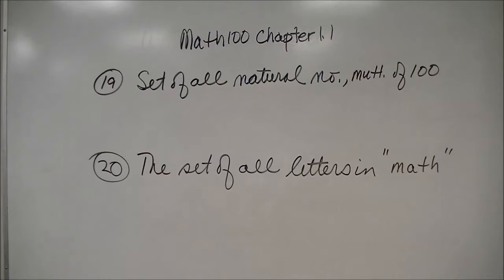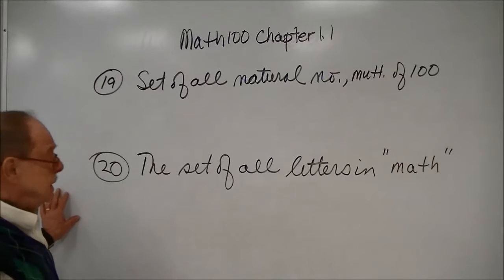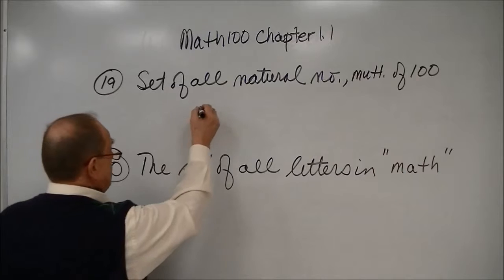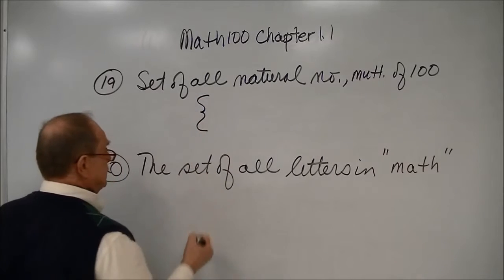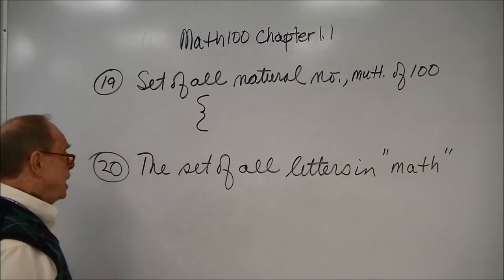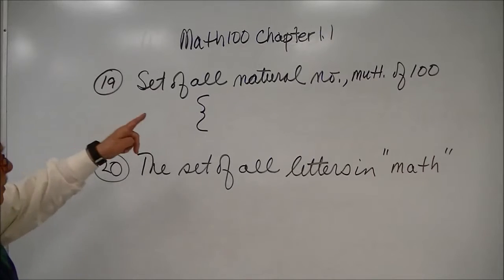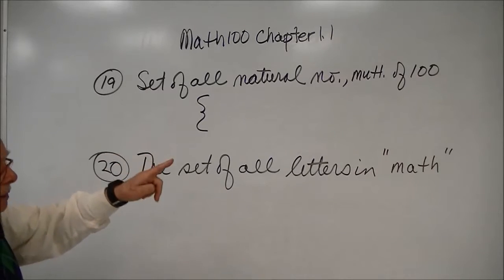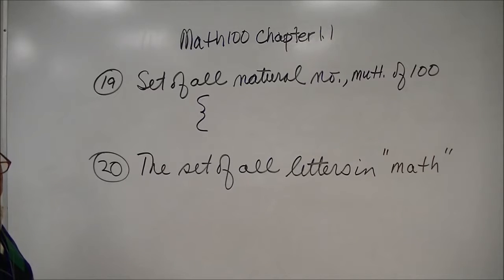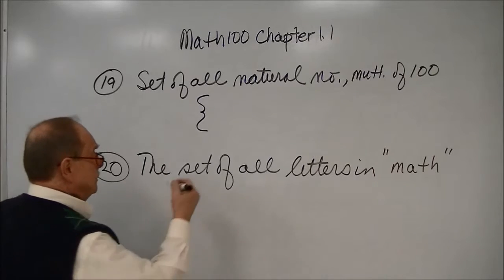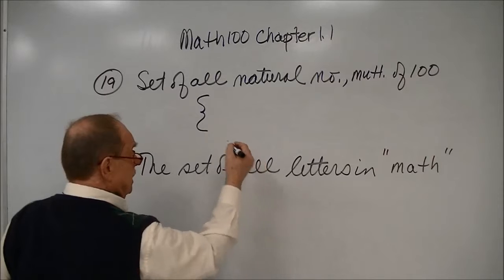Here we're going into some set builder notation where we're going to put our values using a bracket, or brace I should say, the set of all natural numbers that are multiples of 100. Well, the first natural number that is a multiple of 100 is 100.